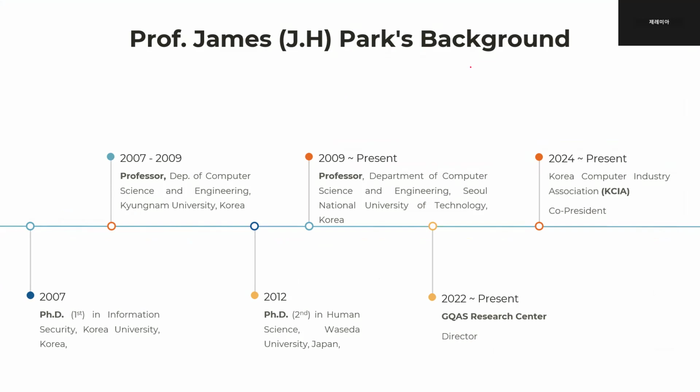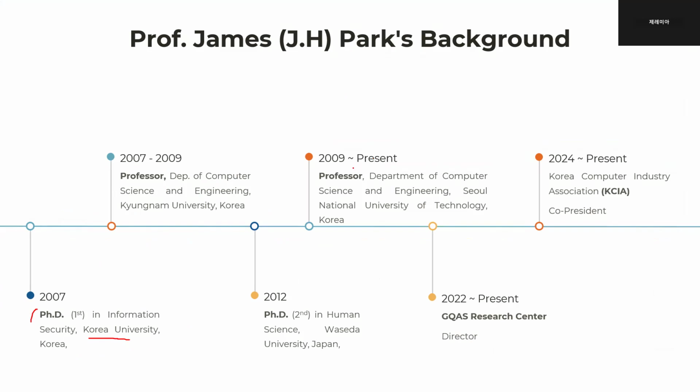Professor Park's background: around 2007, he received his first PhD in information security from Korea University here in South Korea. Between 2007 and 2009, he was a professor at the Department of Computer Science and Engineering at Kyungnam University in Korea.